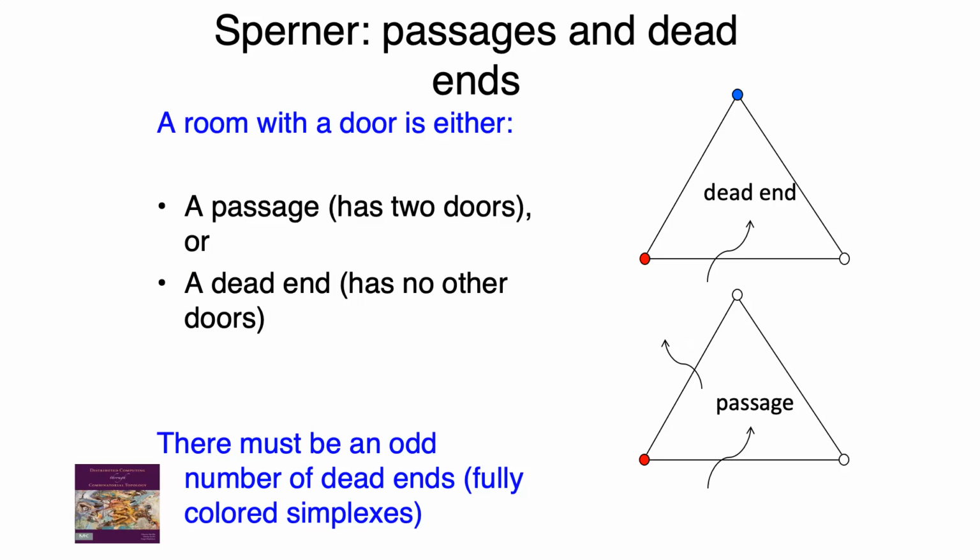Because any other n-1 dimensional face has color n, which is not a color of the door.